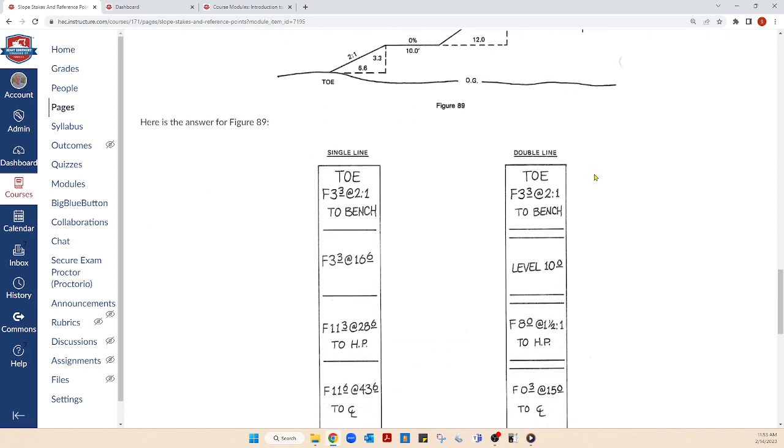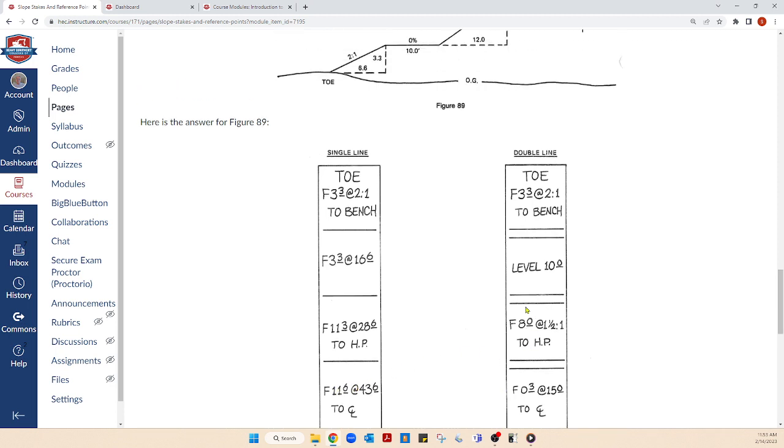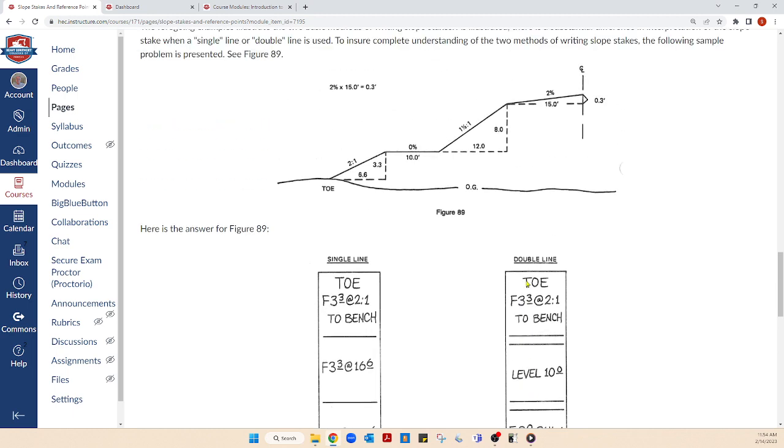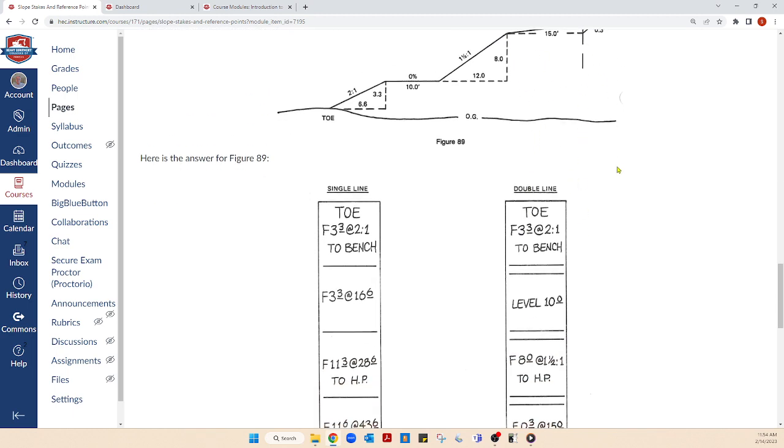I got 11.6. There it is. We got there with this stake. So here we are with this stake. We're here, and we need to be here.